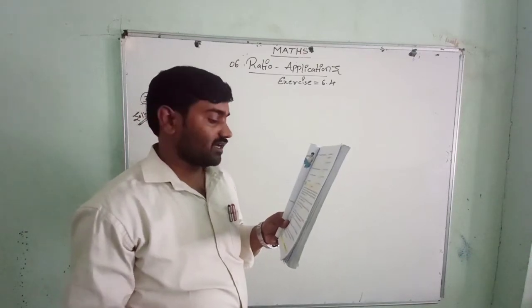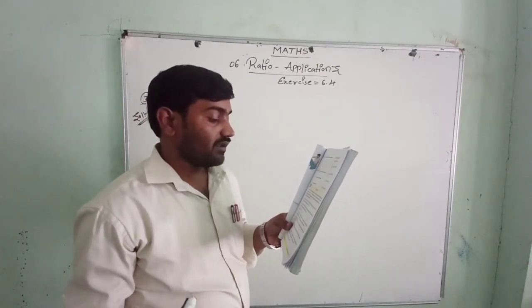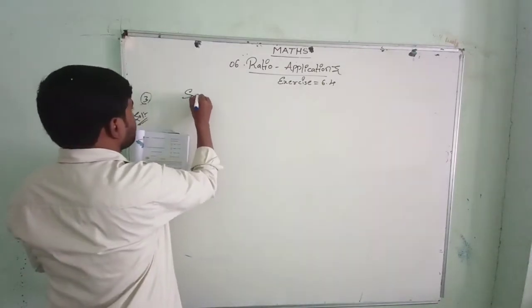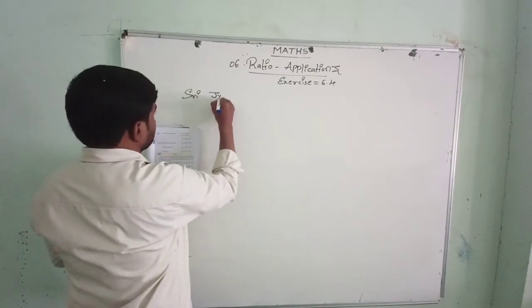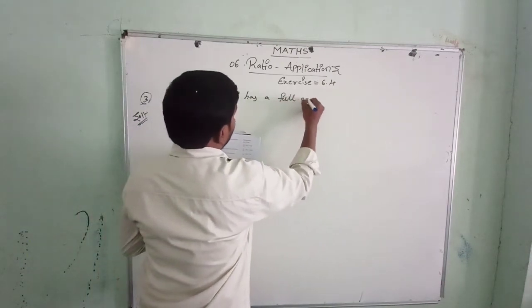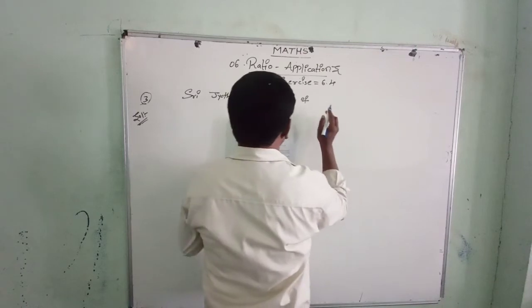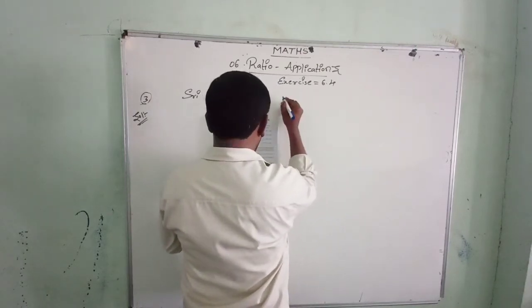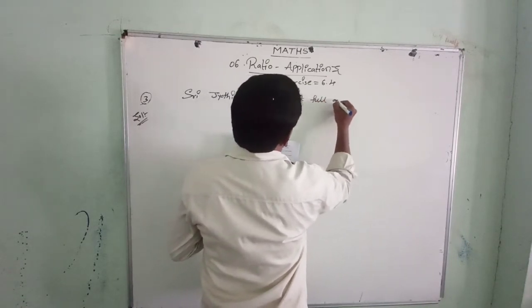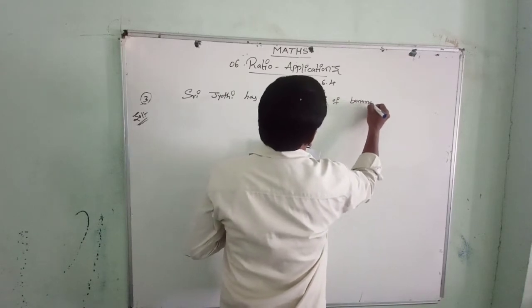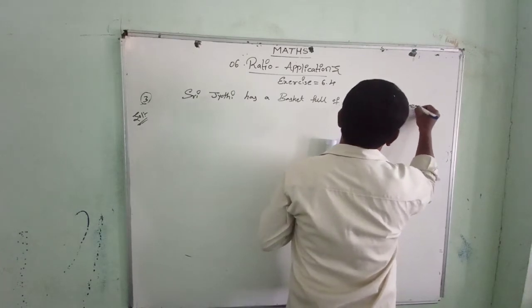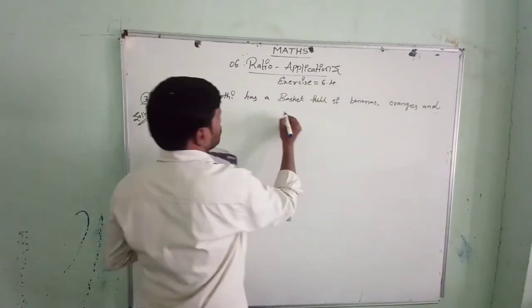If 50% are bananas and 15% are oranges, then what will be the percentage of mangoes? Simple.